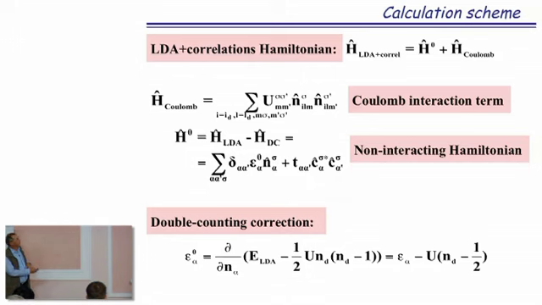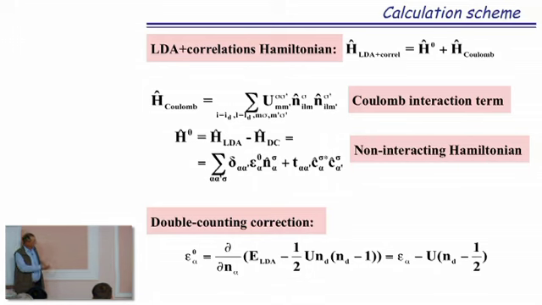We have the so-called non-interacting Hamiltonian and the Coulomb interaction. The Coulomb interaction is simple. That is a product of occupancies. Here i, l, m are indices: i the site, l and m the orbitals. The idea is the following: if both are occupied, both n are 1, then you have repulsion energy. If one of them is 0, you do not.